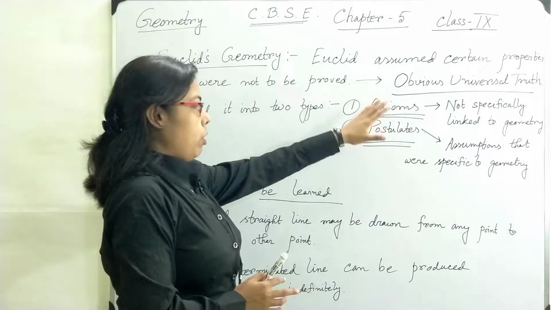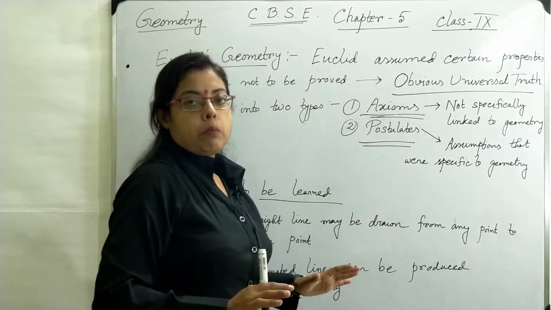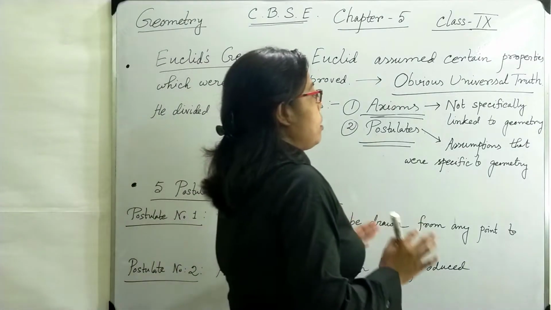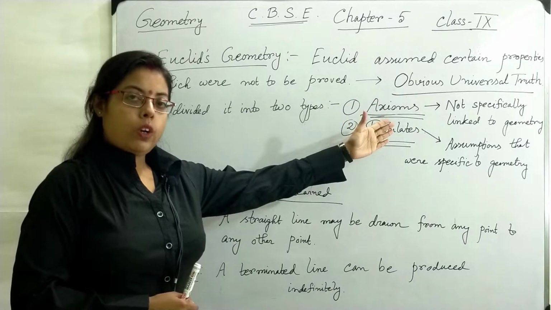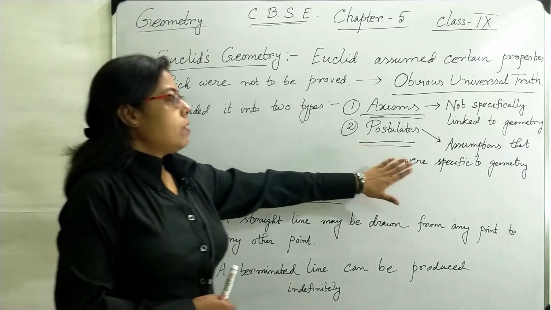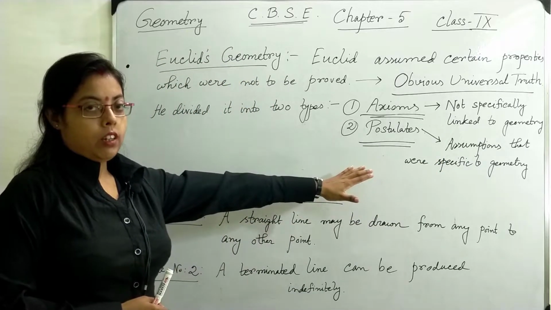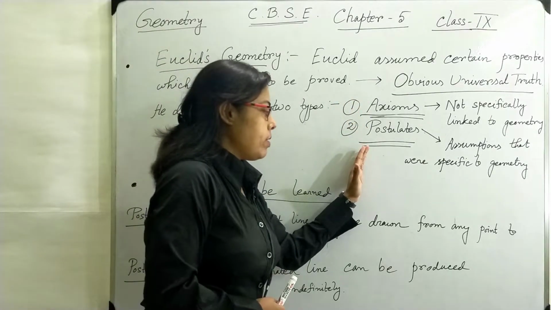Axioms are used throughout mathematics. Not only geometry, but throughout the mathematics section, we will use different axioms. And postulates are the assumptions that were specific to geometry. Clear? So there are two types, axioms and postulates.